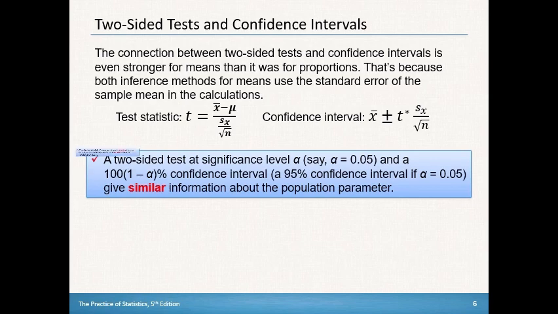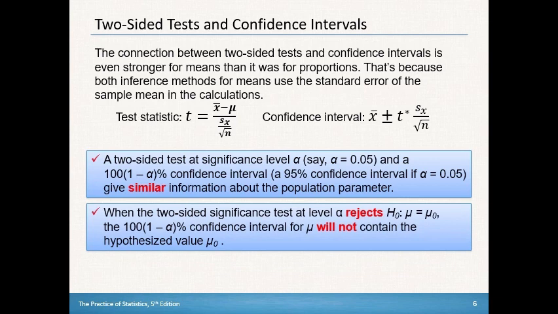Remember, the confidence interval in part is a set of plausible values. All right, so when a two-sided significance test at an alpha level of alpha rejects H naught, then the 1 minus alpha confidence interval, the 95% in our case, where we had 0.05, so 5% alpha, does not contain the hypothesized value.